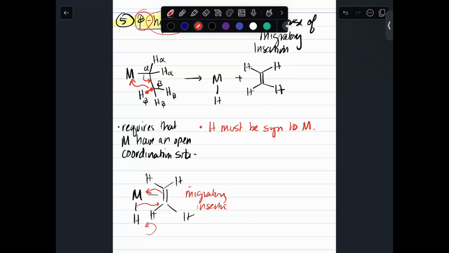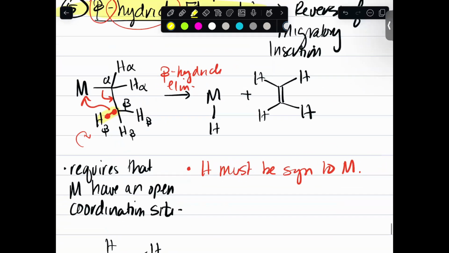In this case, they are going clockwise. Complete opposite. Okay? This is beta hydride elimination. Notice that the arrows start at the bond, not at the hydrogen, at the bond, because it's a hydride source that's attacking the metal.